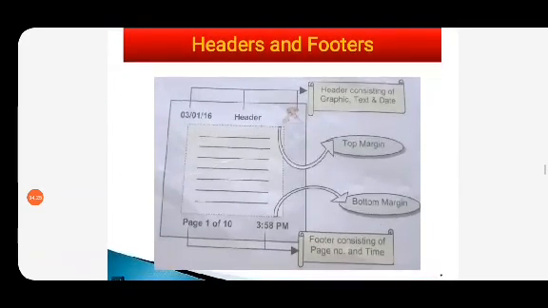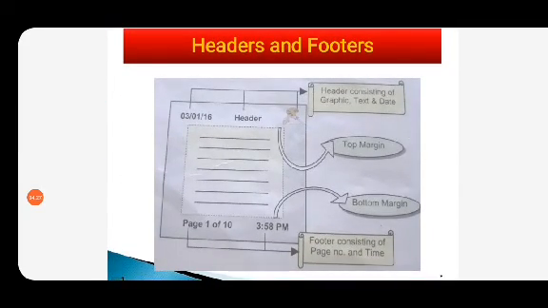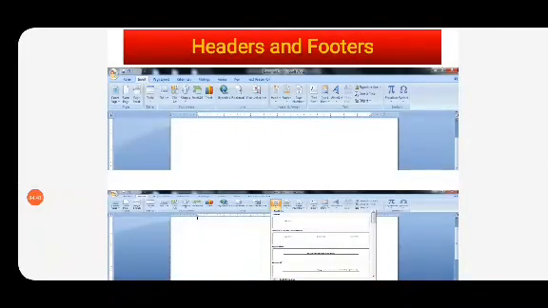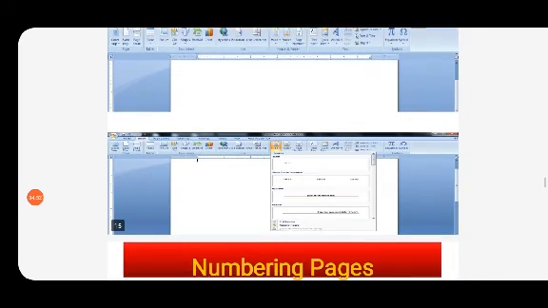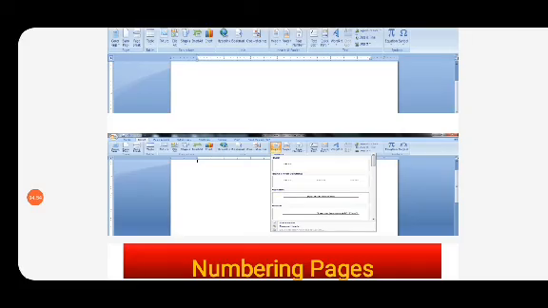Now over here on the screen you can see which one is the header and which one is the footer. The date that has been given is the header portion, and the page number or the timing is the footer portion. Now in MS Word you can get it in the insert tab. You will get header, footer, whichever you want. You have to just click it and you will get this option where you want to have it.